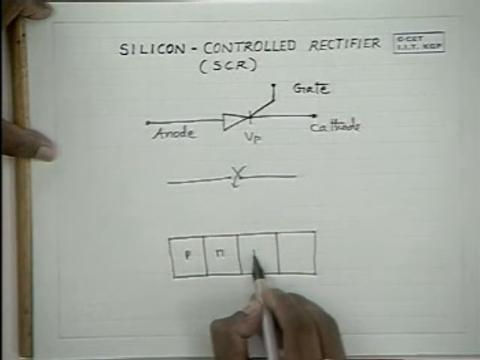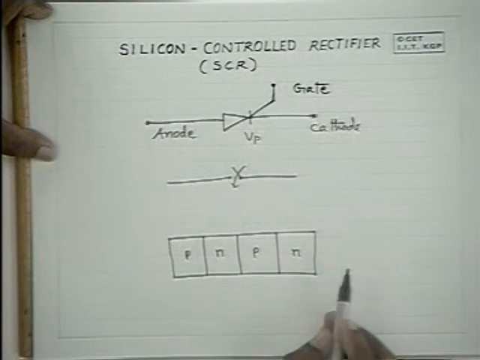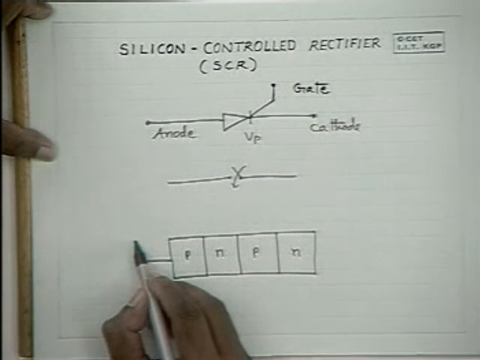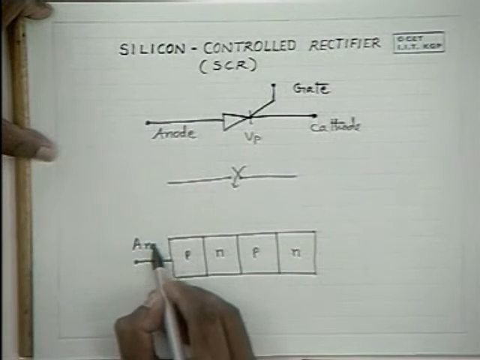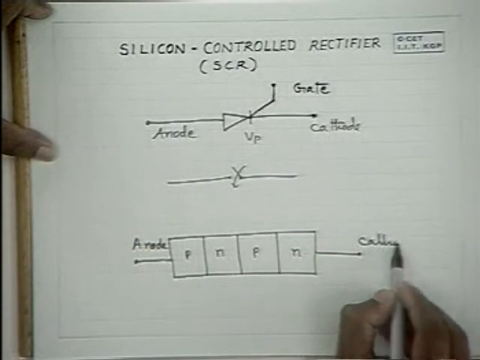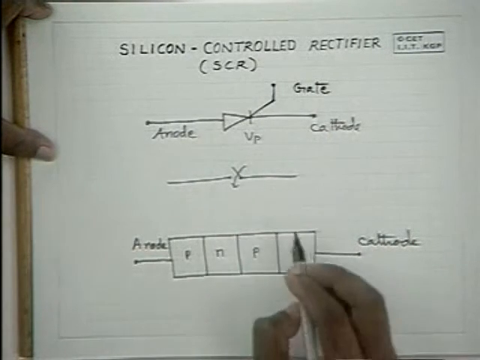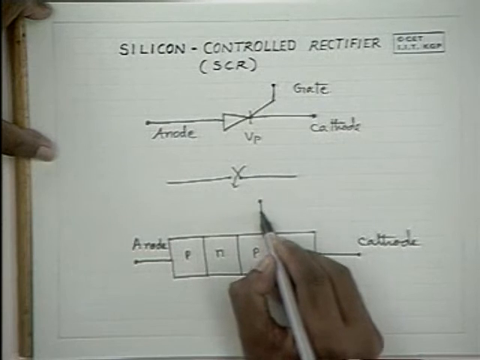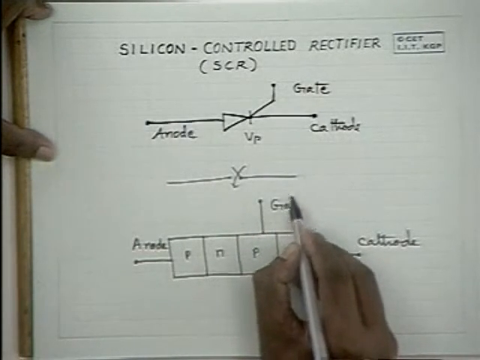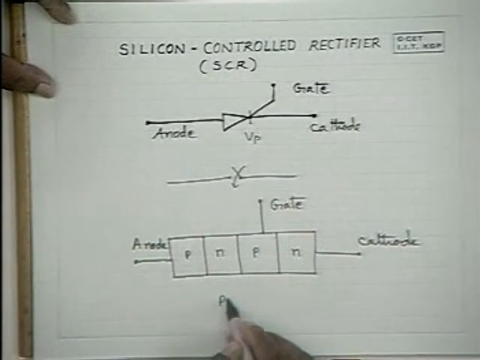This is a second junction, an NP junction, whereas the third one is a PN junction again. And here, this is the gate, this is the anode, whereas this is the cathode. And the gate is this terminal. So it is a PNPN device.